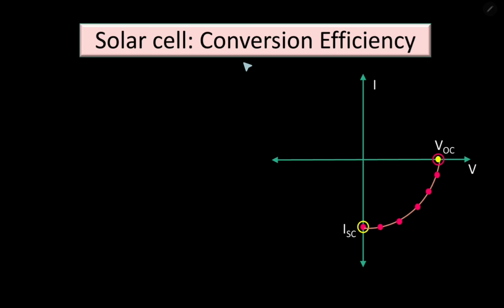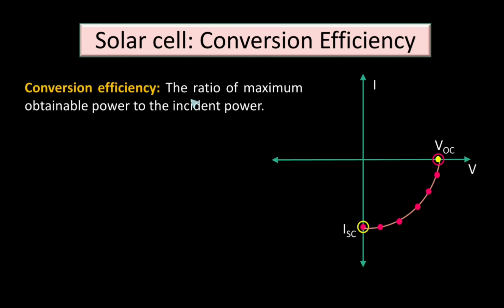Now let us see one more quantity, that is conversion efficiency. This is the ratio of maximum obtainable power to the incident power. Fill factor was the ratio of maximum obtainable power to product of VOC and ISC, right? And here it is the ratio of maximum obtainable power to the incident power.